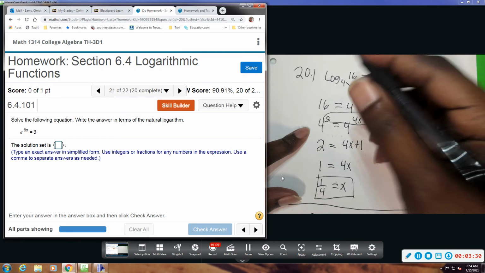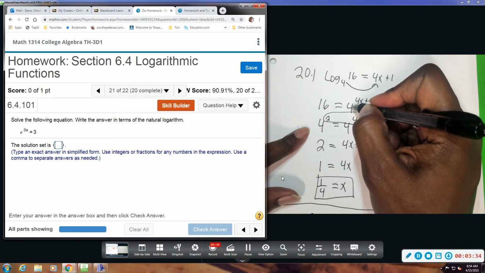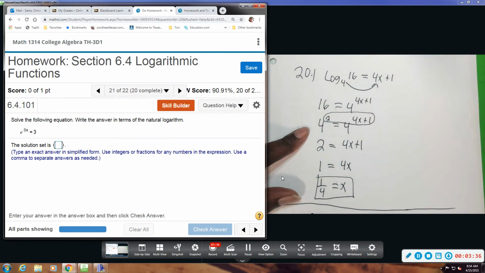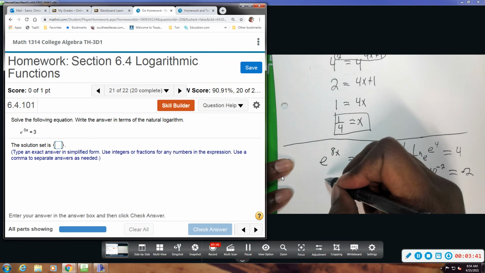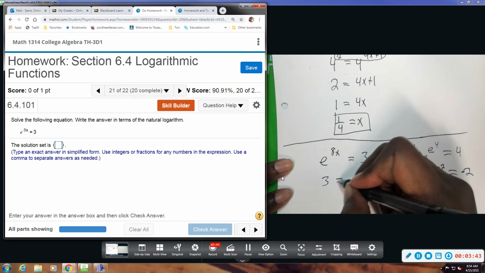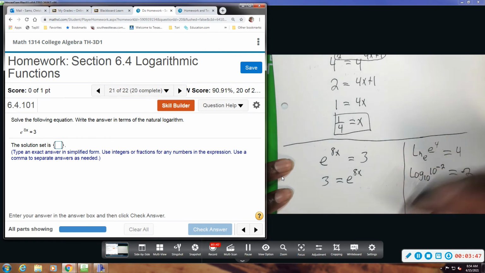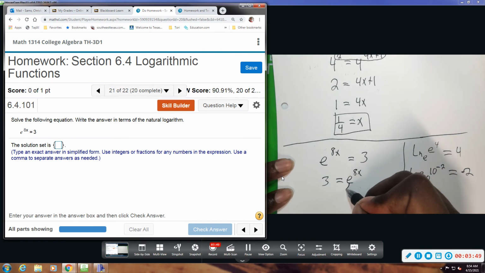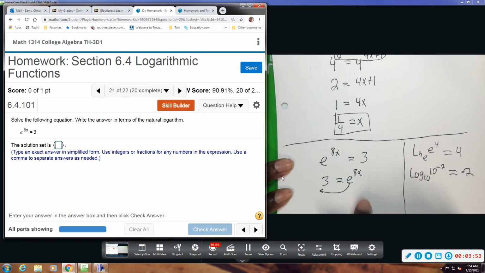What that means is you would take whatever the power is and bring it down to be the base. So if I rewrote this the other way so you can see it a little bit better, this is 3 equals e to the 8x. Sometimes it's better to see it that way. So we just take this and bring it down, and it would be my base. Okay, that's one way, just going backwards.